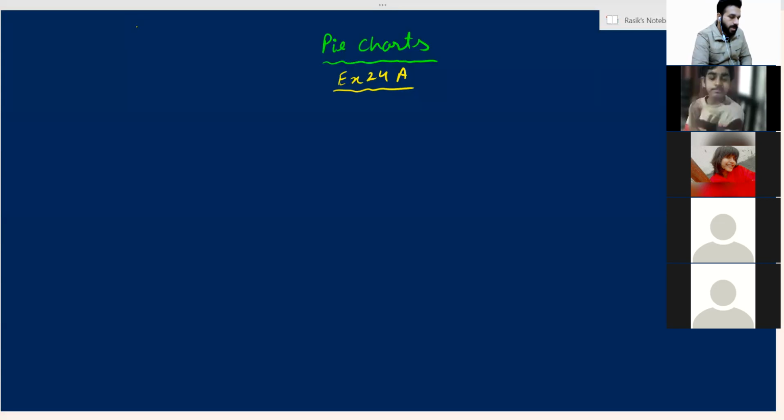Try to understand the data. What is the data about? Pranjali, can you read what the statement is? Read the question and find out what the data is about. Just read the question.